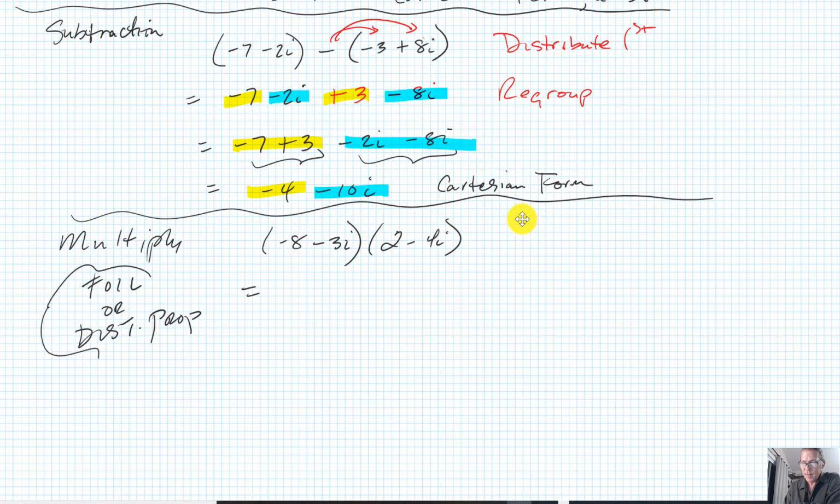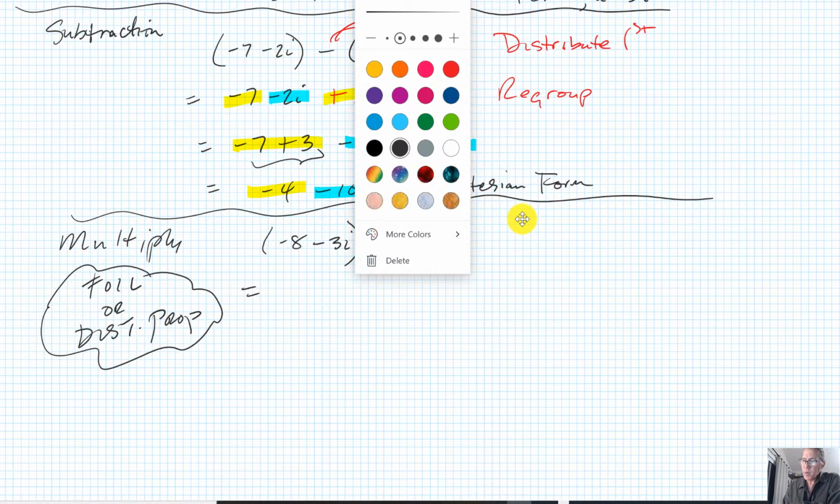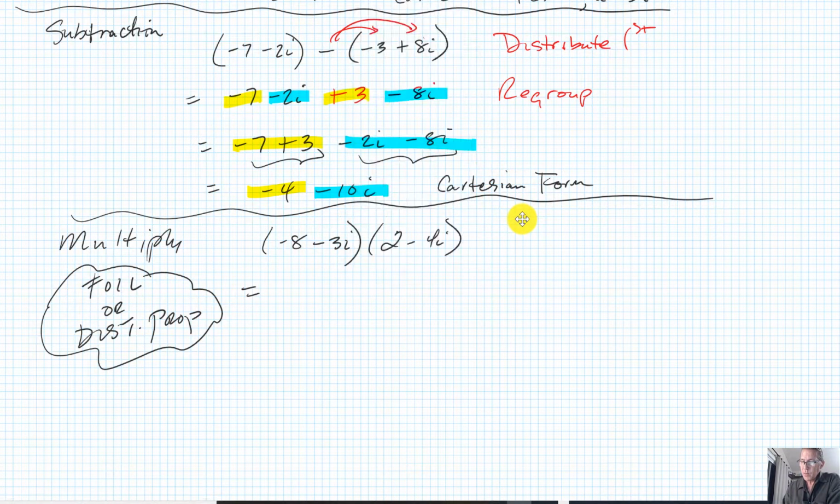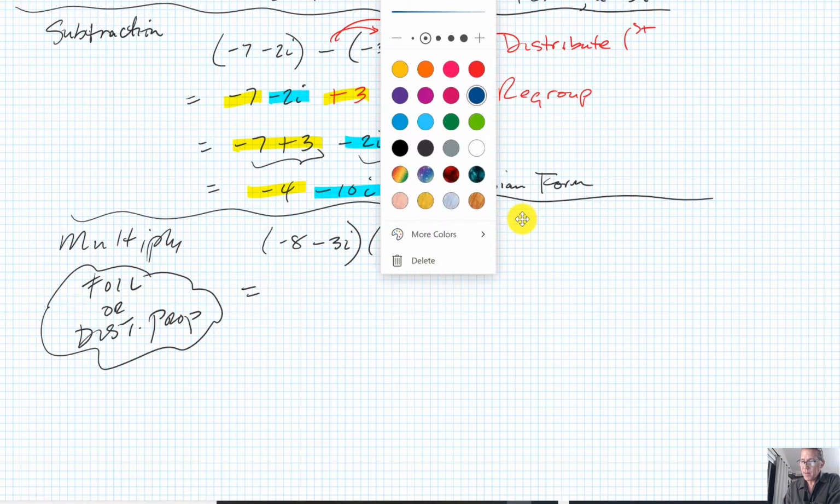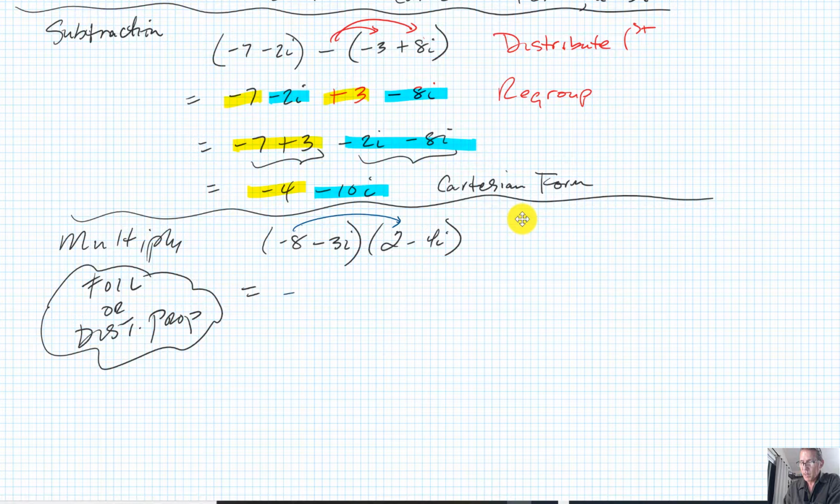We've been doing that since probably 8th grade, when you started learning Algebra 1. Negative 8 times 2 is negative 16. Negative 8 times negative 4i is positive 32i. Negative 3i times 2 is negative 6i. And negative 3i times negative 4i is positive 12i squared.